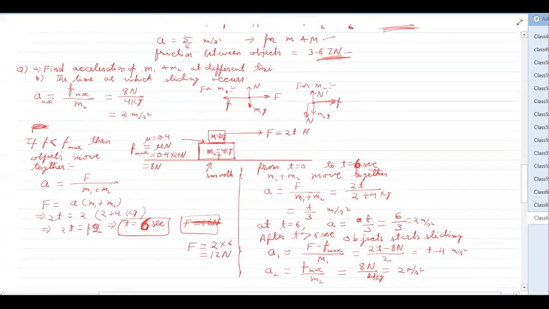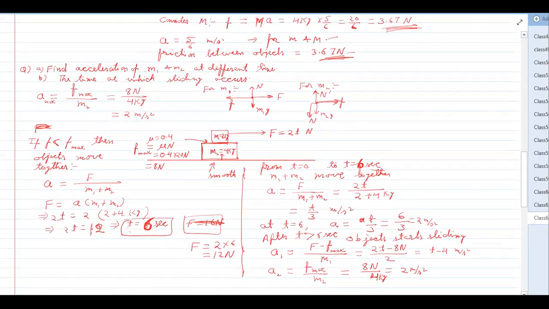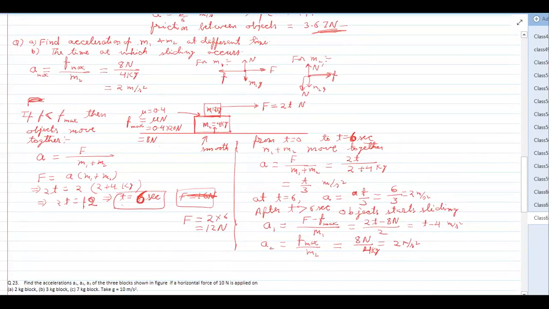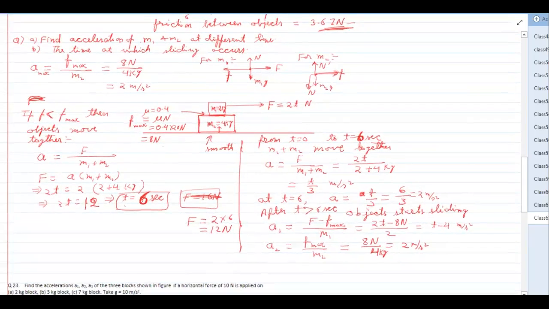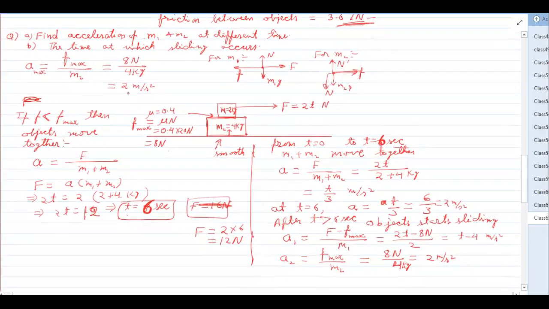So now if you analyze the whole thing, we found the maximum acceleration. The lower object, initially its acceleration keeps on increasing up to 2 meter per second square.